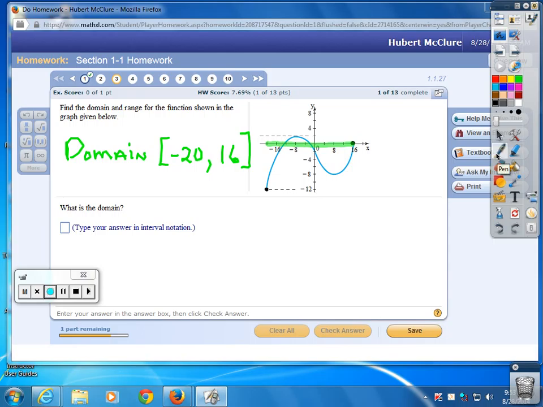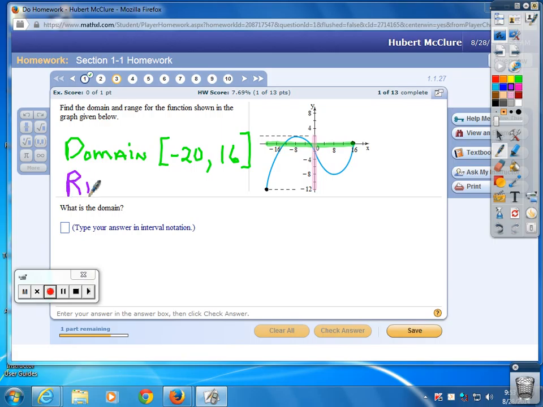So, with the range, I will do the range. In mauve, your range is going from -12 to what? To 2, it looks like. So your range, we'll do it in a little bit darker color.